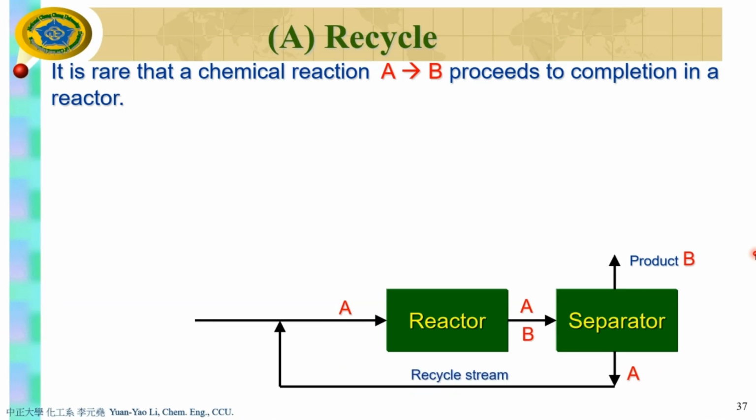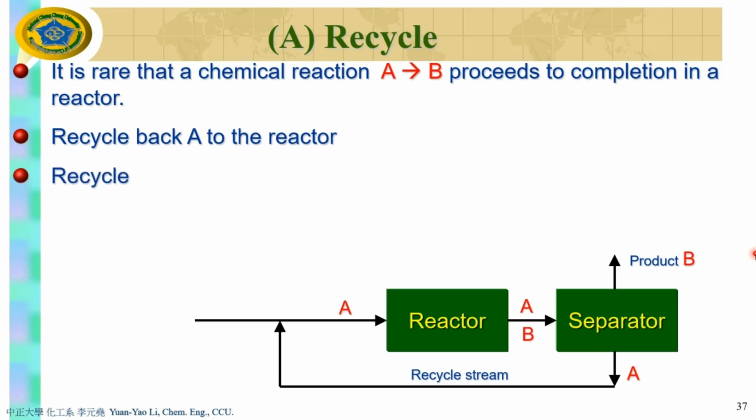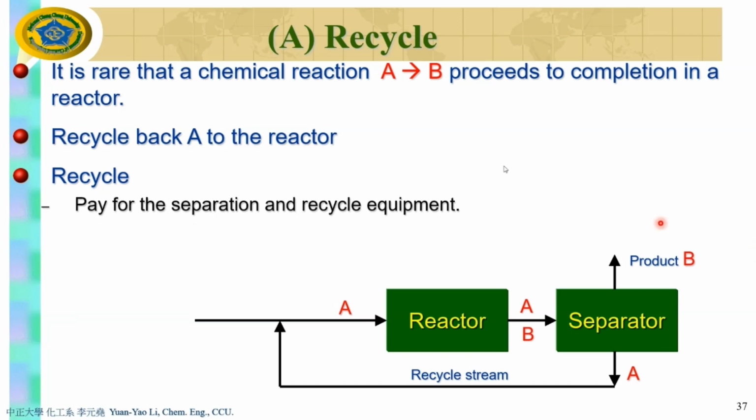So this is called the recycle stream. And then we recycle A back to the reactor, which is good. Before, in order to have a very good reaction, we needed a very good reactor.